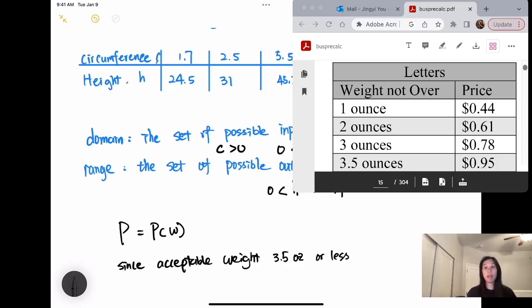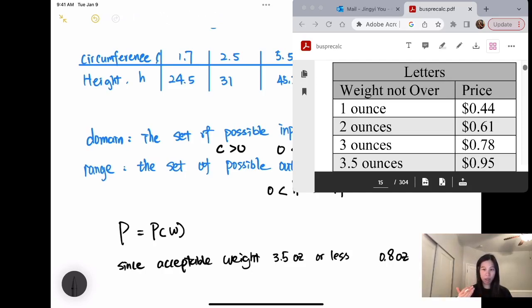Based on your real life experience, if you're mailing something that weighs 0.8 ounces, do you think they will accept it since they only have the price for 1 ounce? They will still accept it, right? But they will count it as 1 ounce.